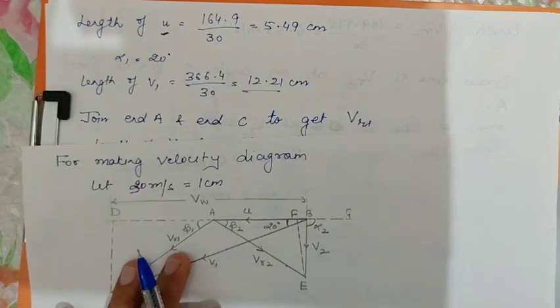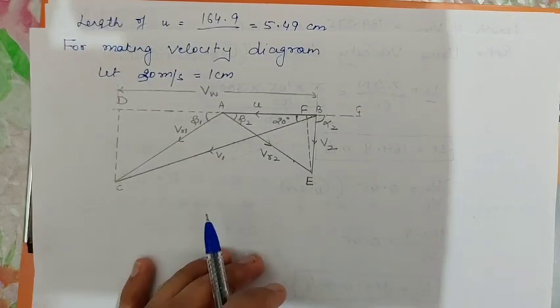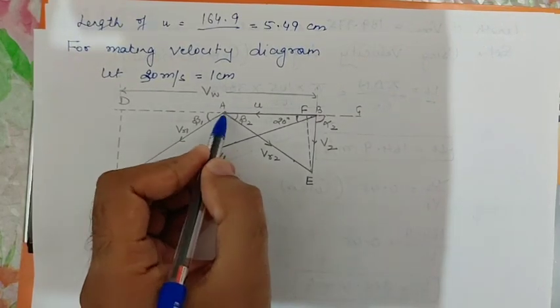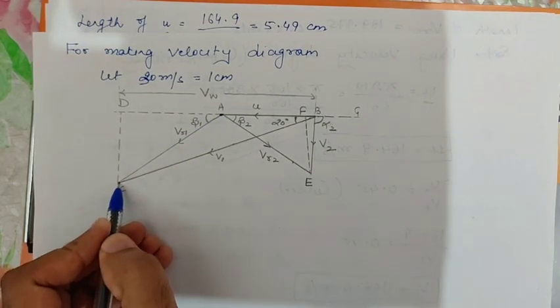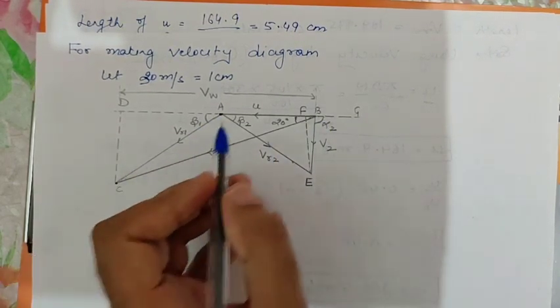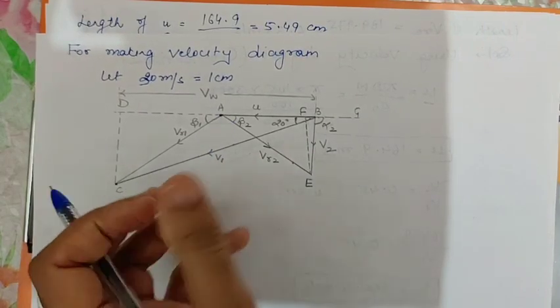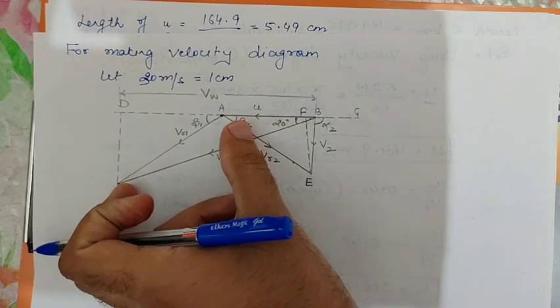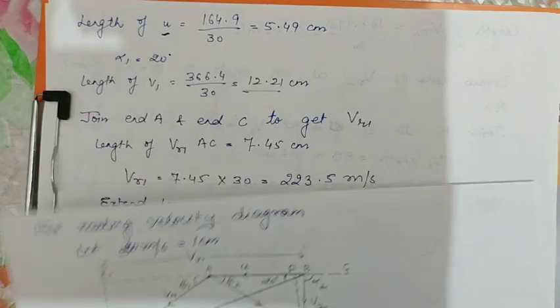Now for calculation of VR1, this is the end and this is C, the end of line BC. We have to join A to C, and calculate the length of AC.